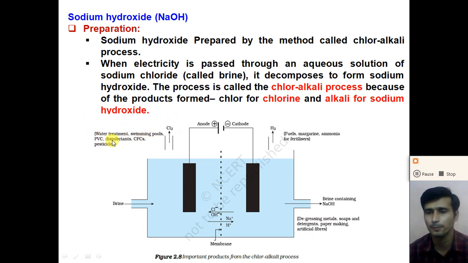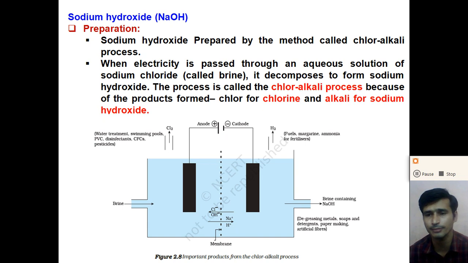For disinfectants we use chlorine gas, and for CFC, chlorofluorocarbon. Pesticides also use chlorine gas. So all these products have some use, right?